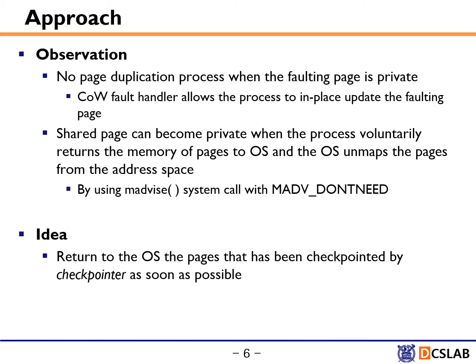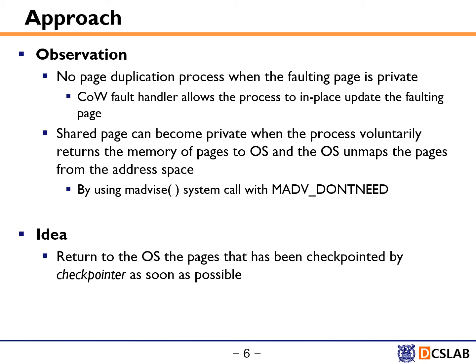So then, how can we mitigate this problem? We cannot prevent the copy-on-write faults from happening once the write protection bit in the PT is set after fork. However, in the Linux kernel, there is an interesting optimization for a special case where the faulting page is private. Here, private means that the page is mapped to a single process's address space.